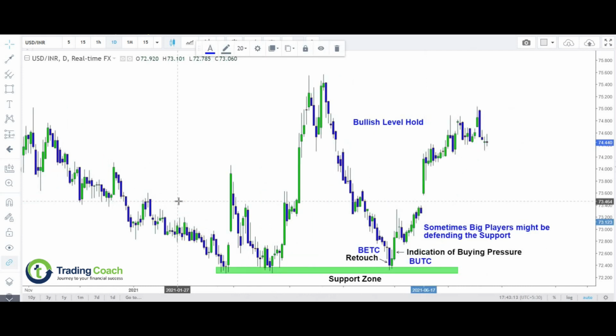So both the bullish level hold as well as the bearish level hold are very simple trading setups. It's a very simple trading strategy, but at the same time it's one of the high probability trading techniques. All you have to do is mark the support and resistance zones, then look for the prices to retouch or retest these respective zones, and right after that look for some strong trending candles which can act as a confirmation for us to take the trade.